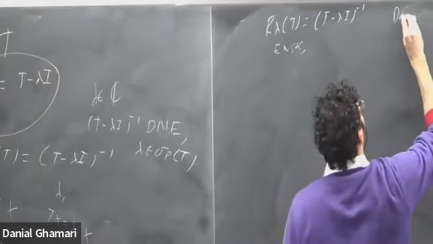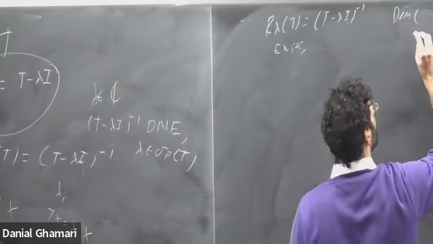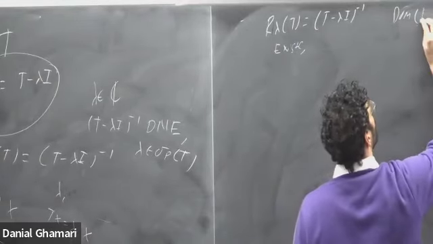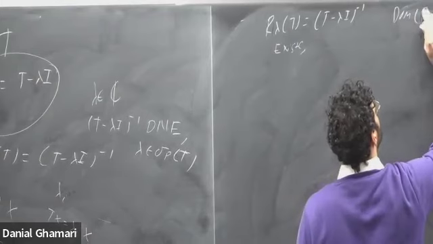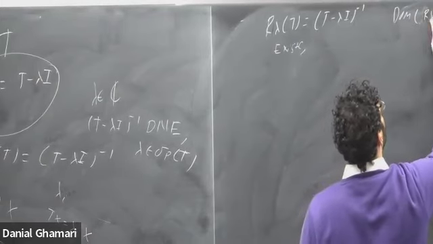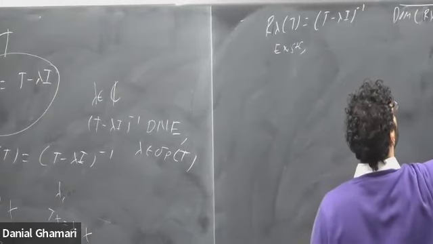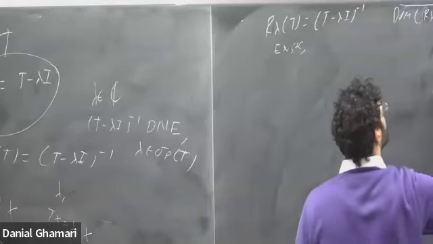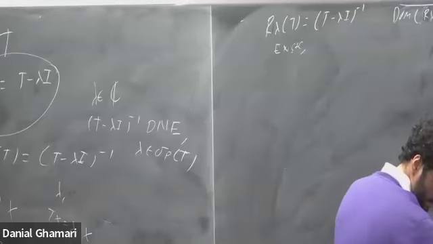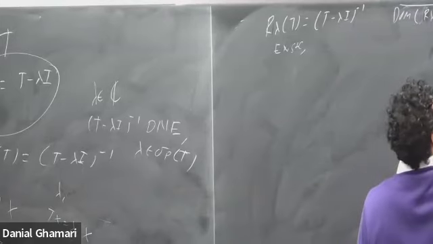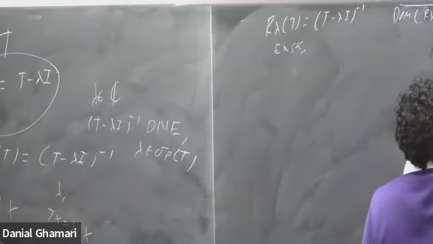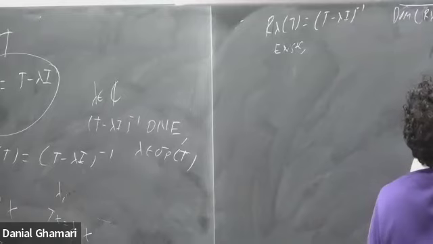You have that the domain of R lambda of T, its closure is equal to X, and then you have R lambda of T bounded.